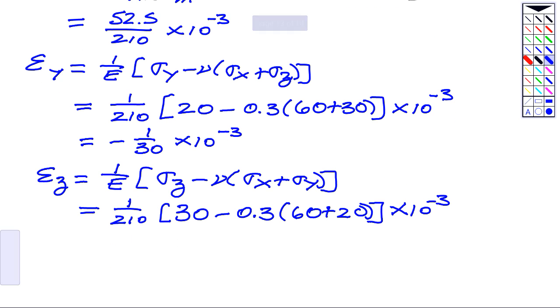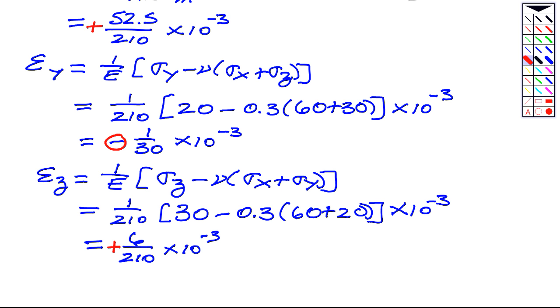Again, the ratio of the conversion for megapascals divided by that for gigapascals, and this becomes 6 over 210 times 10 to the minus 3. Please note that this is a plus, this is a minus, and this is a plus. So in the x and z directions, we're looking at positive strains. In the y direction, it's a compressive strain.